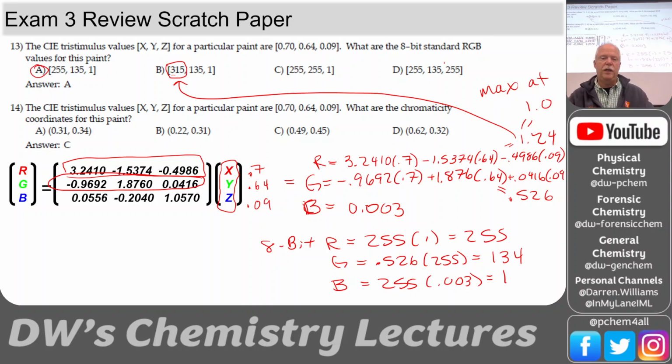Since we're here on this page, let's look at the tristimulus values. The chromaticity coordinates are the little x and little y. So little x is equal to the capital X over X plus Y plus Z. That would be 0.7 over 0.7 plus 0.64 plus 0.09.